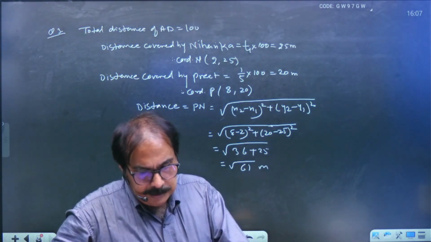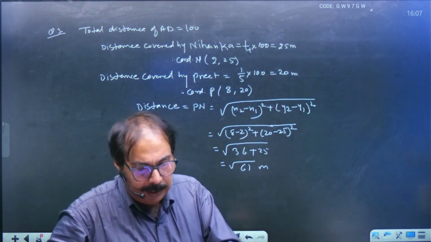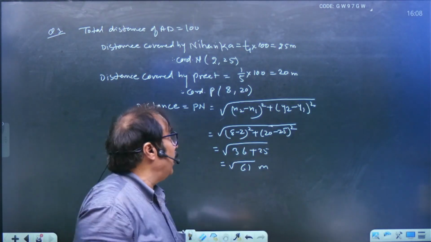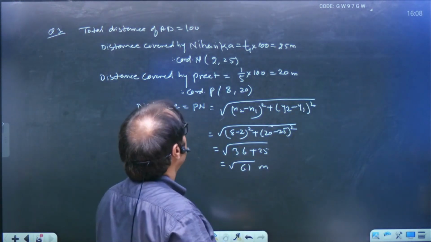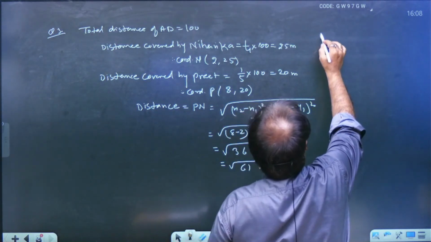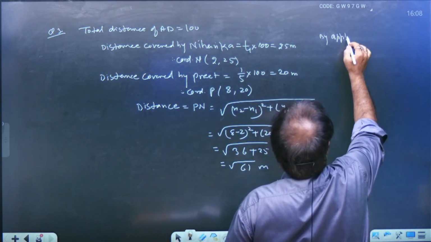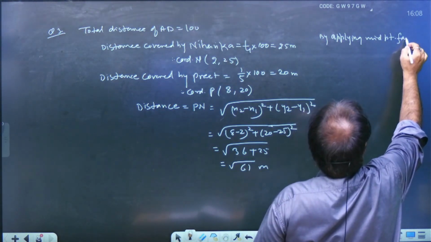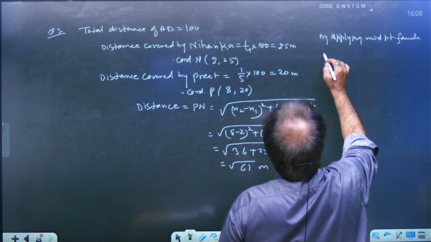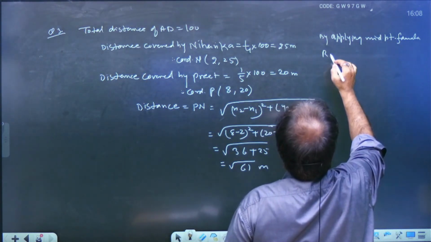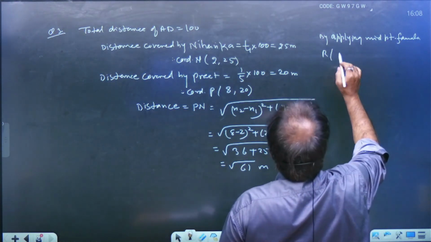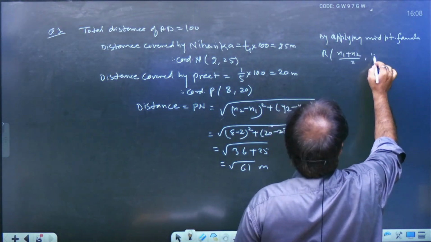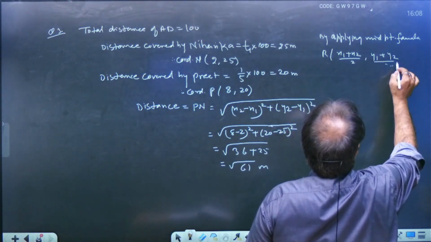And then next is, if Rashmi has to post a blue flag exactly halfway between the line segment joining the two flags, means Rashmi is, by applying the midpoint formula, the coordinate of R, I am taking for Rashmi. So the coordinate of R is equal to ((x1 plus x2) by 2, (y1 plus y2) by 2), right?